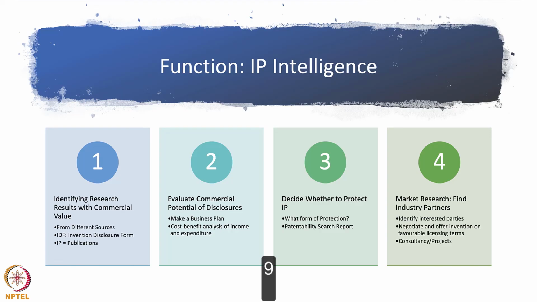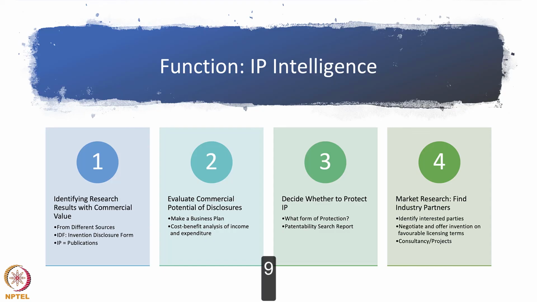It is not possible to do an in-depth search analysis for every case, and search is again something that could be done in a simplistic way, and also in a very detailed way. So you would find that a patentability search report is essential before you have to take a call on whether to file a patent or not.